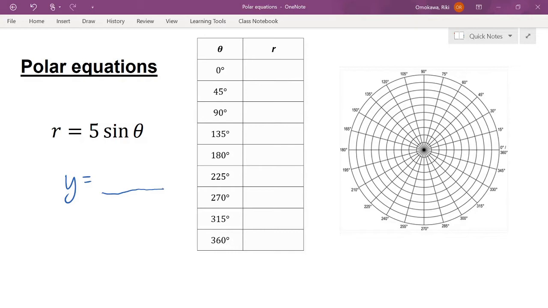And that's exactly what we're going to do with polar equations as well. But now with polar equations, typically you'll have an equation like r by itself on one side, so r equals, and then some expression involving theta. So this is an equation that gives r explicitly as a function of theta.